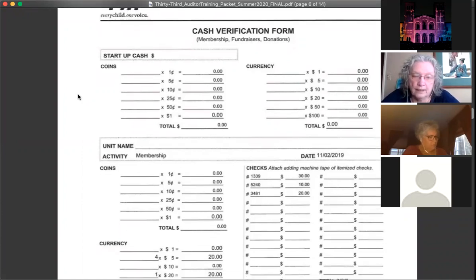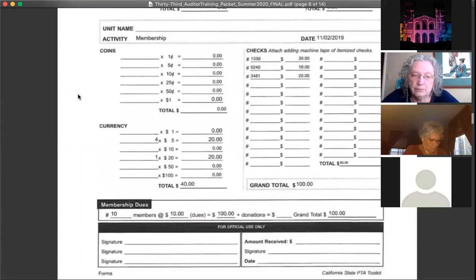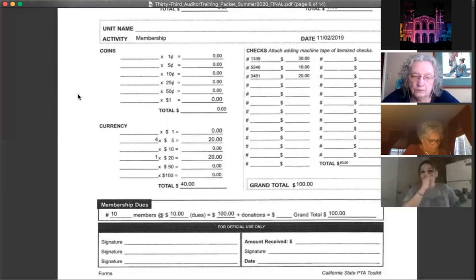Okay, and then further down, like I said, this is an example of a cash verification form that you will be looking at, and it would give the activity, and at the bottom, you should see two signatures for the same date, because people should never count alone. Ordinarily, for example, you have a carnival, they may count the money initially and then put it in a lockbox.